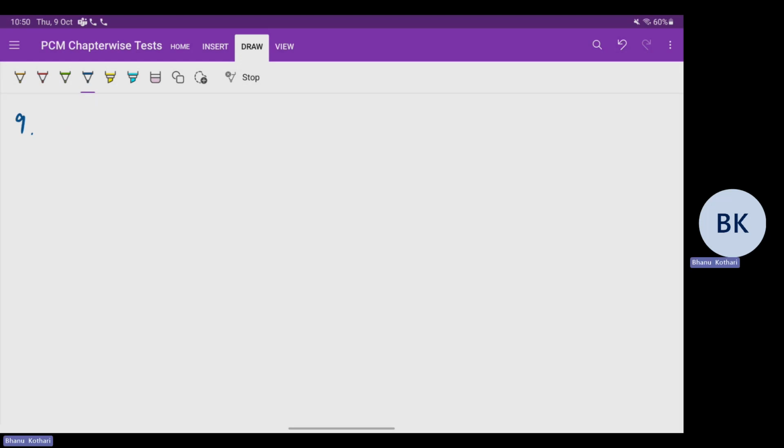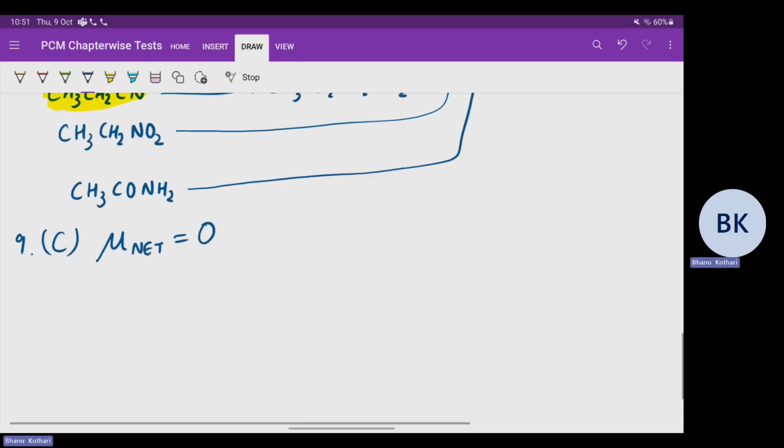So which of these compounds has 0 dipole moment? The compound is given in option C, because there are two NO2 groups attached such that the dipole moment due to both NO2 groups will be equal and opposite to each other. So they will cancel out, right? So the net dipole moment will come out to be 0 in option C, which is para-dinitrobenzene. Okay. Let's look at the next question.